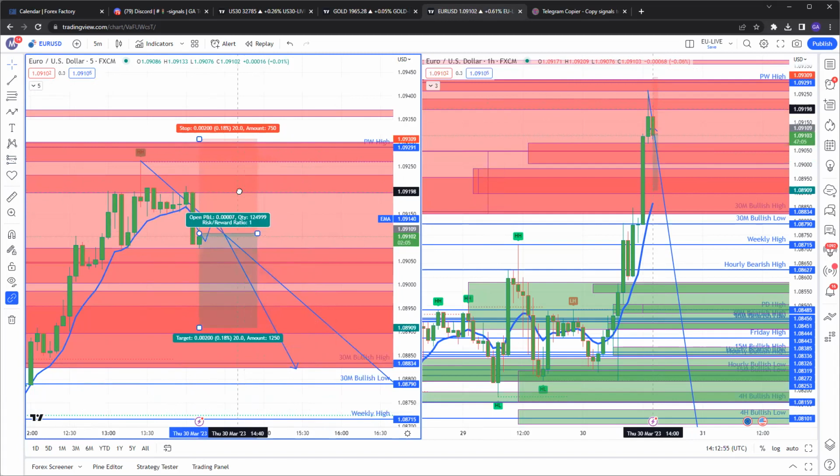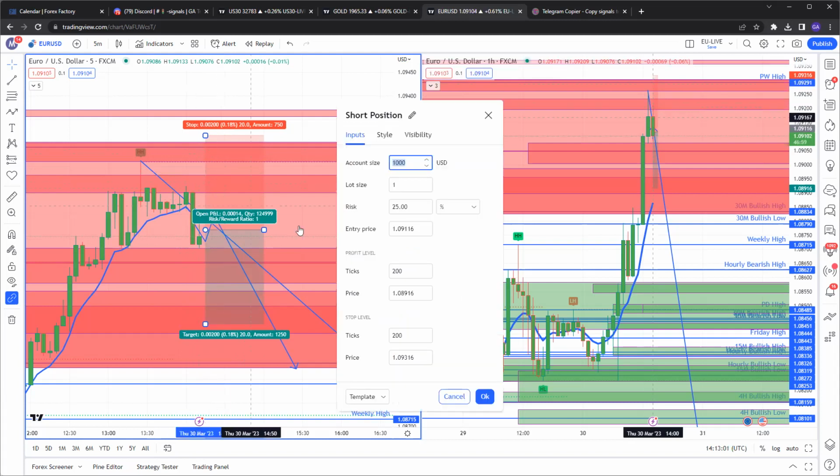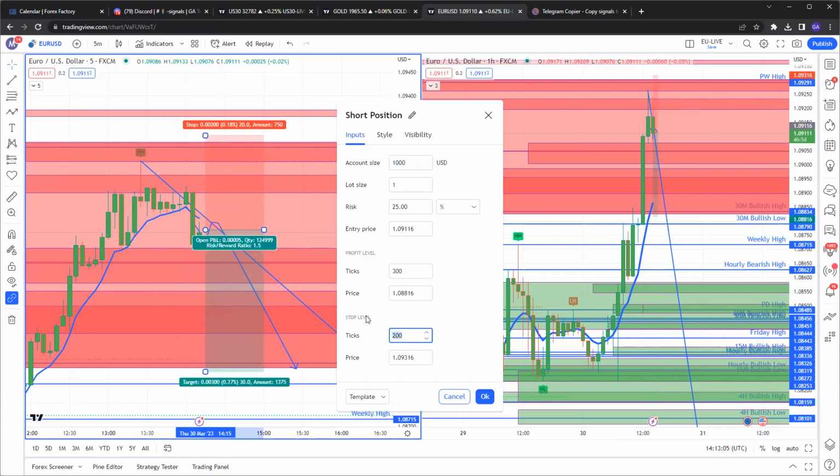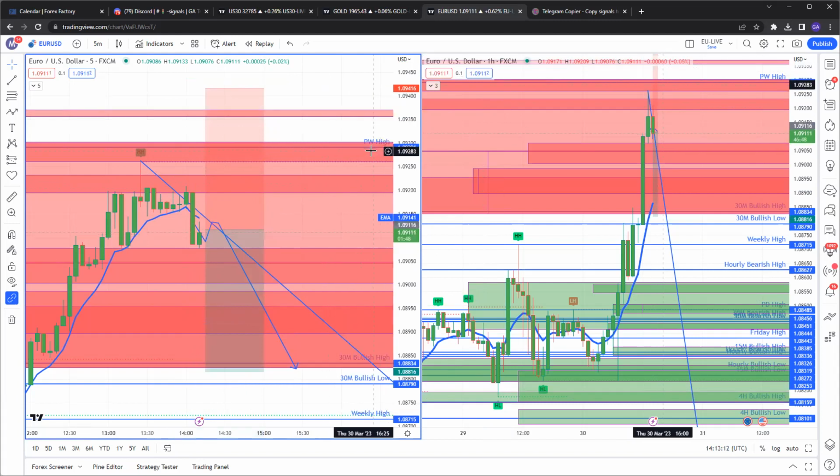If we get filled in here, they can still come and pick up liquidity here and here. So honestly, maybe a 30 pip stop loss and 30 pip take profit would be better, or better yet 50 if you can. But yeah, 30 is good.